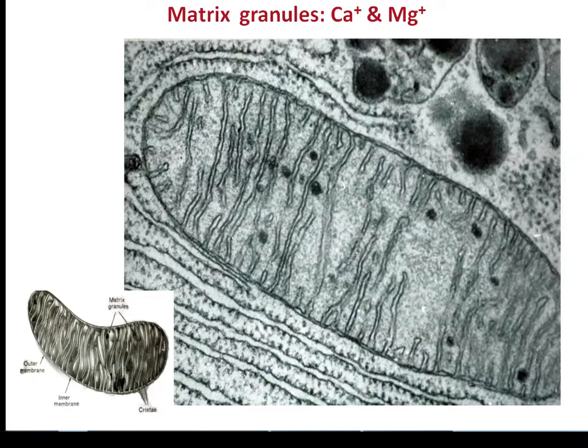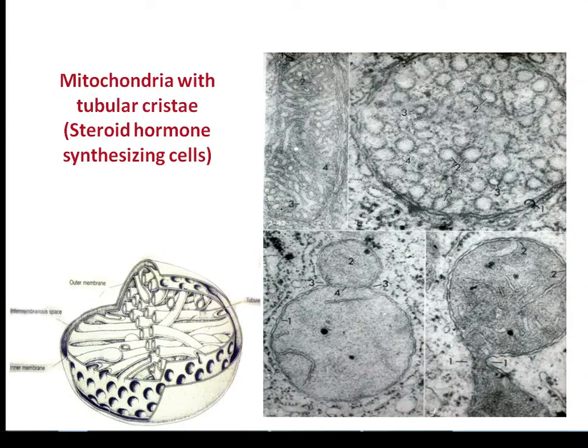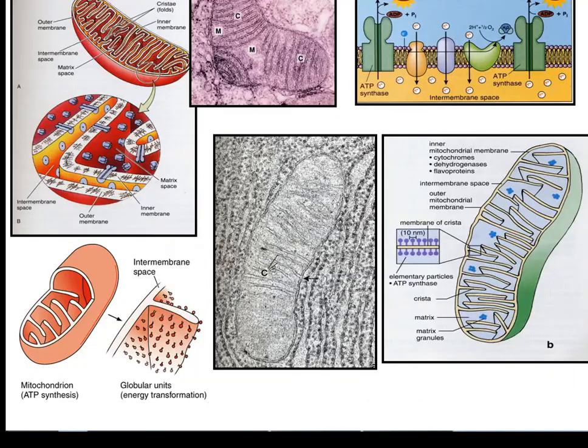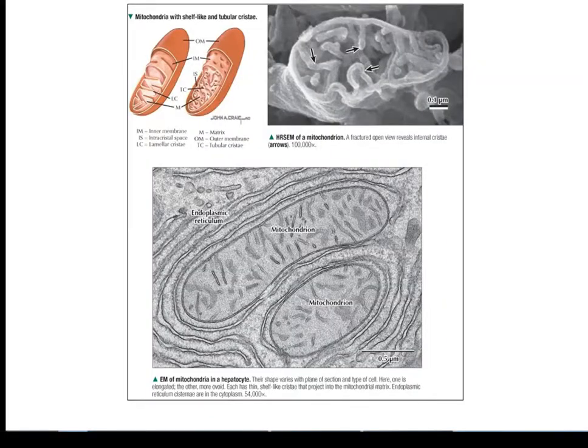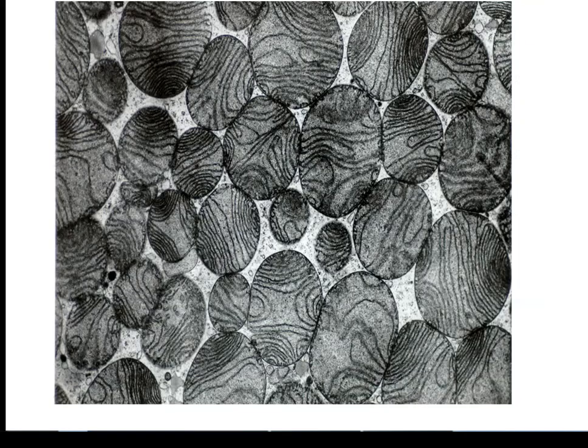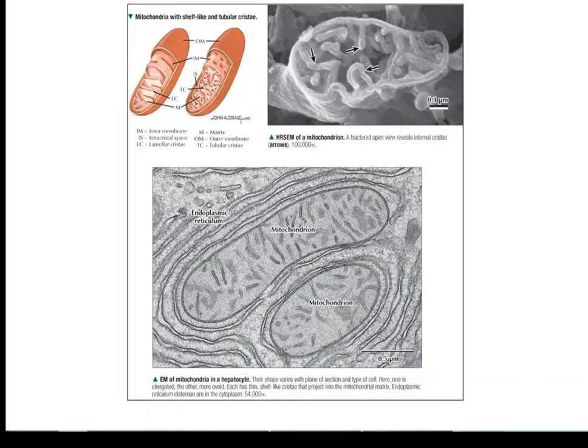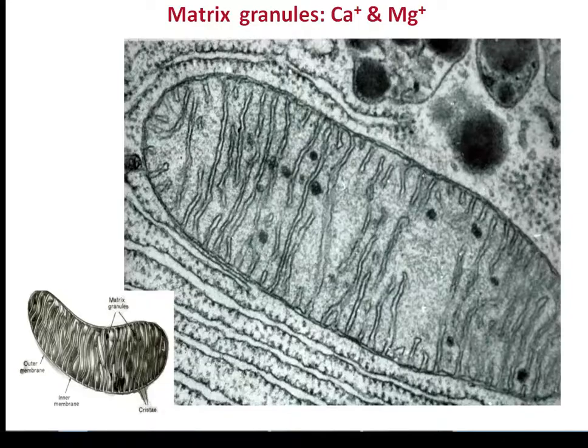In the matrix we also have the mitochondrial DNA, which has a circular structure, and it codes for just 13 proteins of the mitochondria. Those 13 proteins, which participate in the process of the Krebs cycle, are encoded by the mitochondrial DNA.